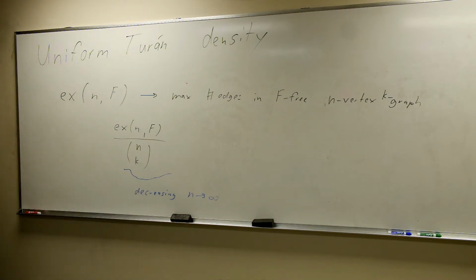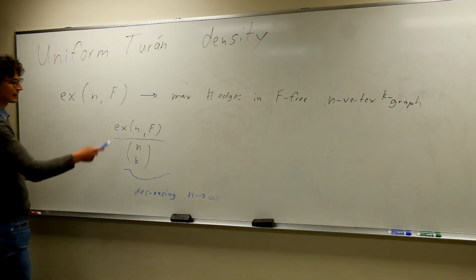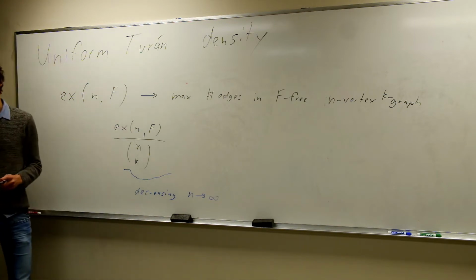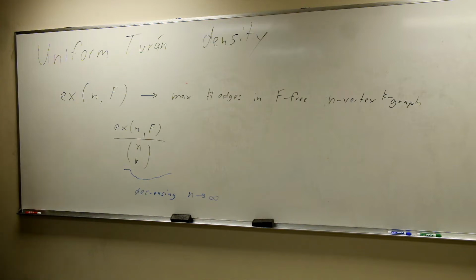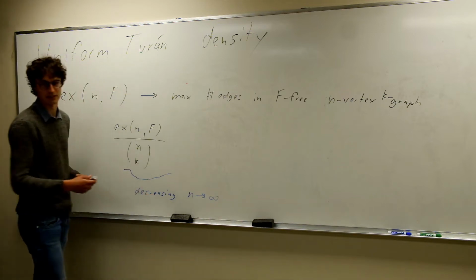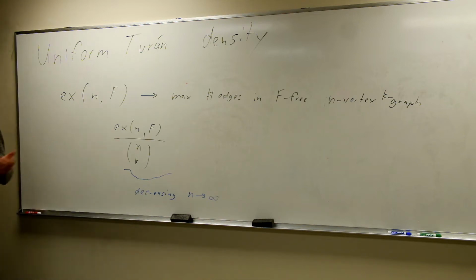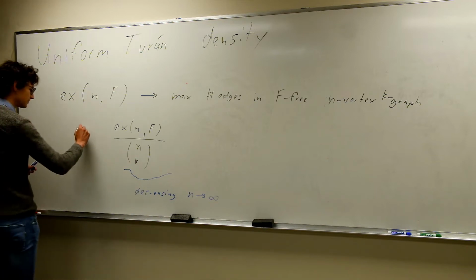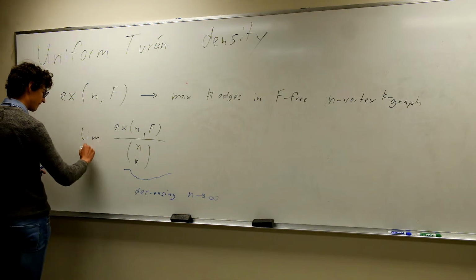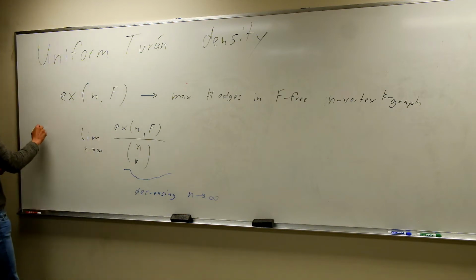And if you add up all of them, then they have exactly the same density. So there is a graph that has at least this density, and that is more or less the argument why it's decreasing. So we have a decreasing number for n to infinity. It's bounded from below by 0, which means that this limit always exists. And we call it the Turán density of this graph F.